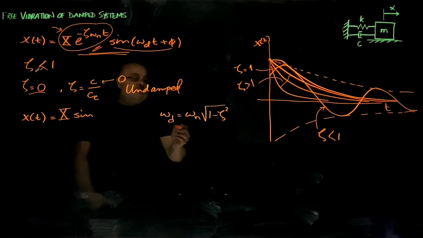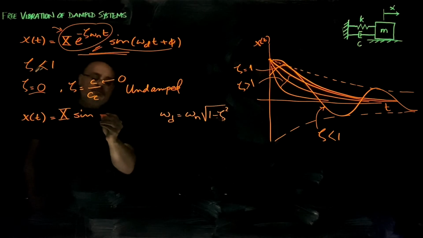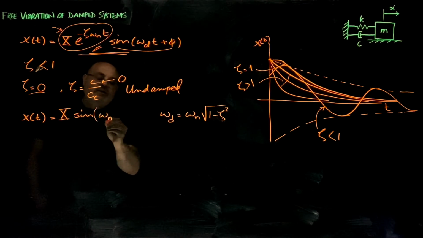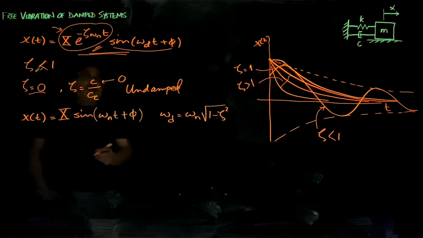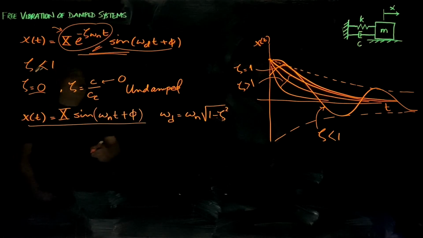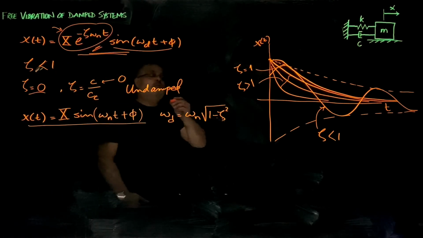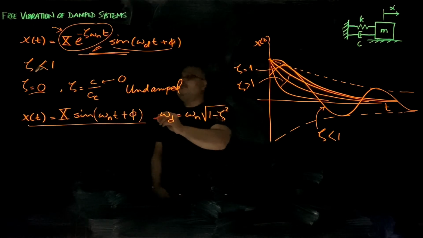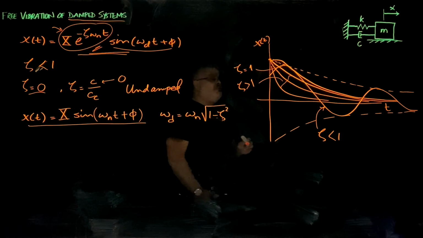So for zeta 0, omega d will be omega n t plus phi. And this is exactly the response we derived in the case of undamped systems.